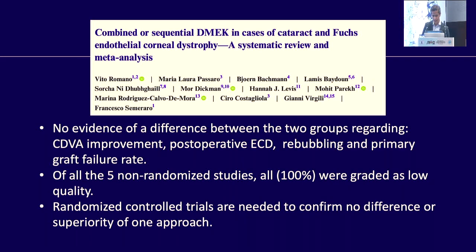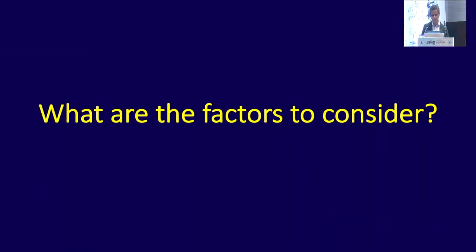Vito published his meta-analysis looking at 5 non-randomized studies, low quality though, again showing that there's no evidence of a difference between both groups, triple or staged, in terms of rebubbling and primary graft failure. Sorry, my slides keep jumping. They did say, however, there's a need for randomized control trials to answer this definitively.